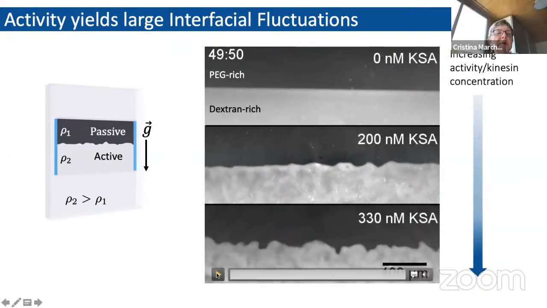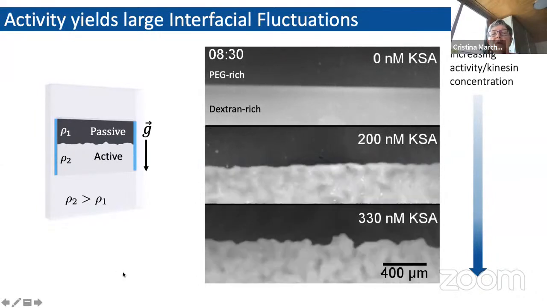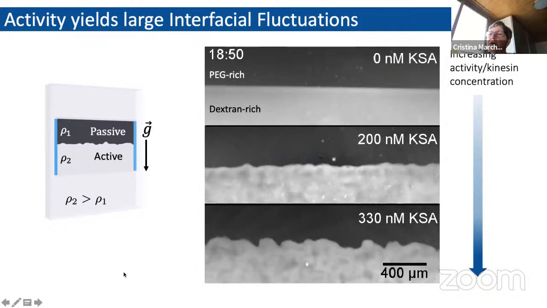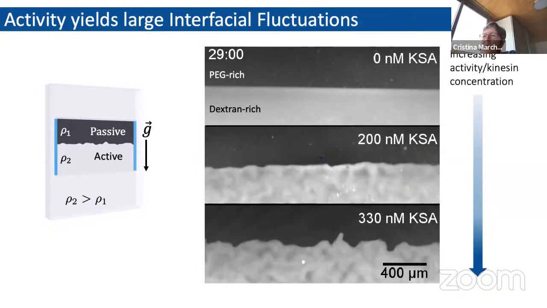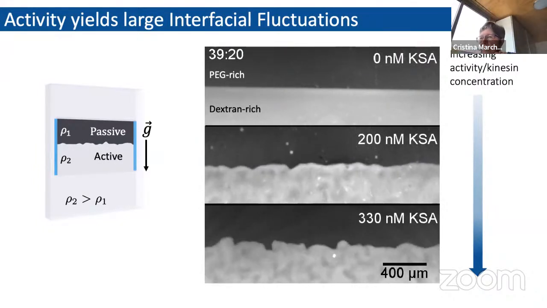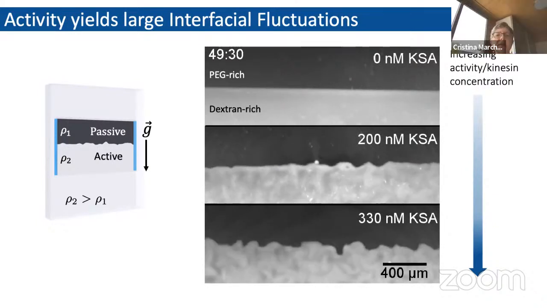There are some time stamps here. These are minutes and seconds, but these are the time for the fluctuations, not for the phase separation. I think they also do experiments that I will not get to in a horizontal geometry where the system coarsens on its own, and then it's a matter of hours. Okay, thank you.